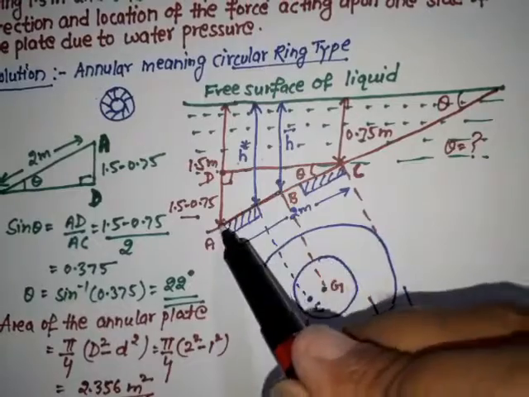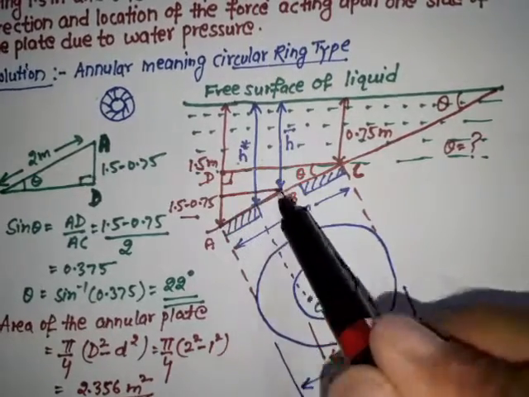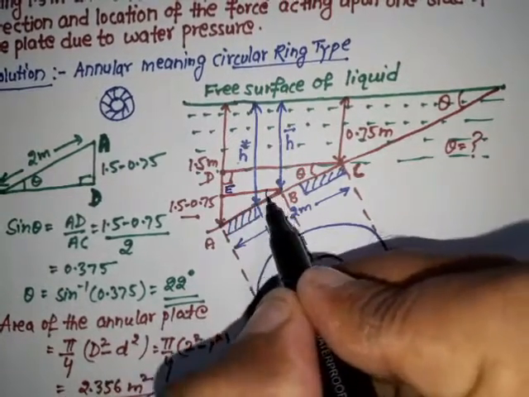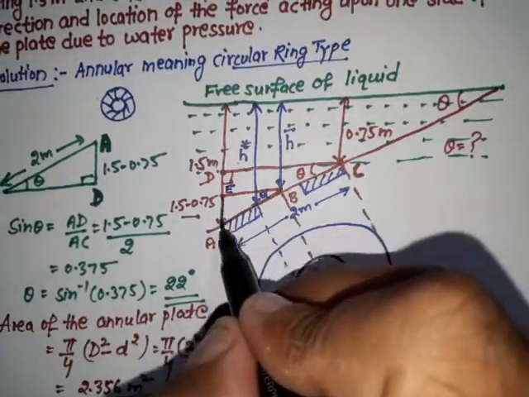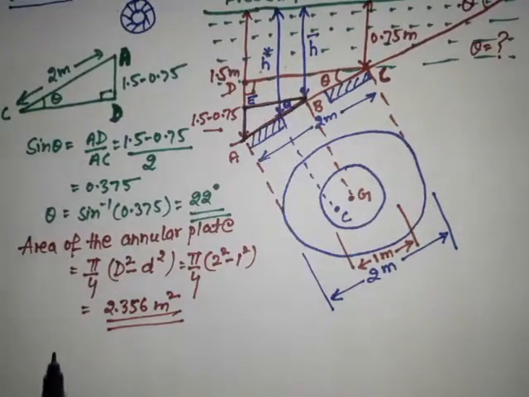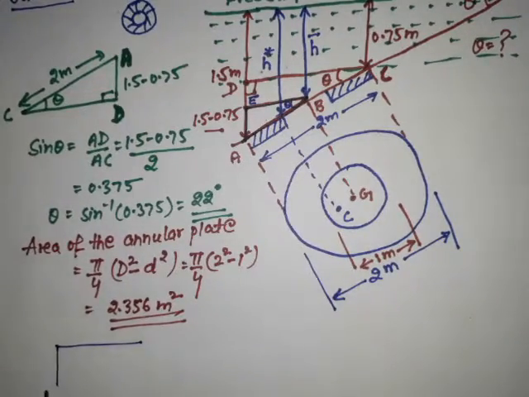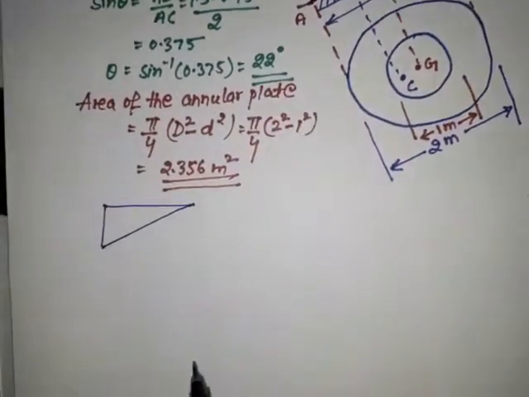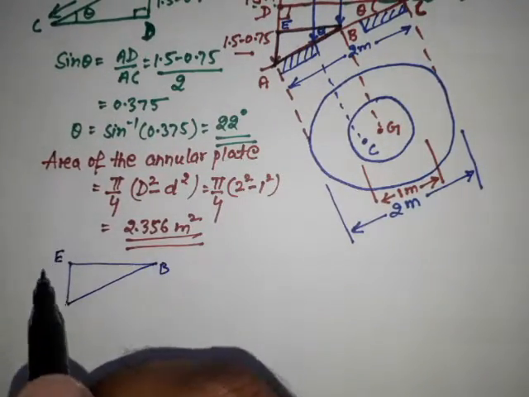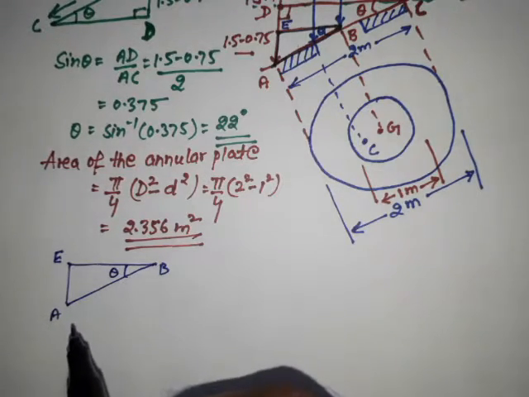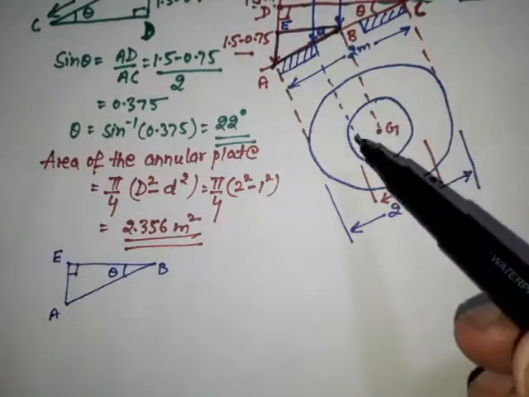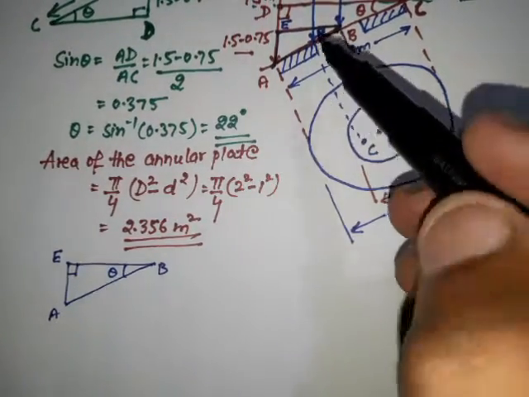This is triangle ABE, this is point E, this is angle theta, that is equal to 22, and this is 90 degree, and AB is the half of diameter 2, that is equal to 1 meter.